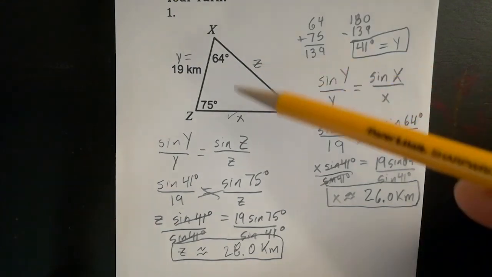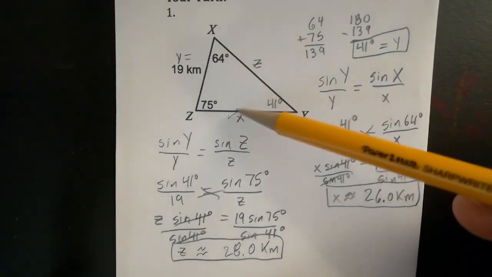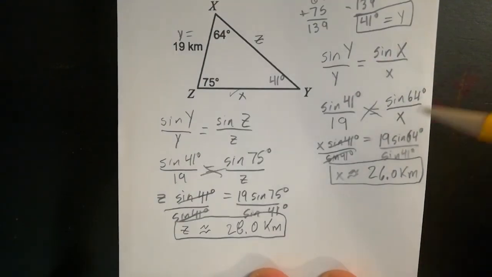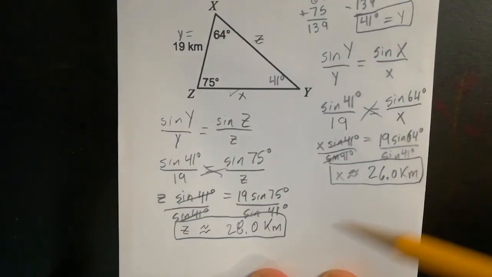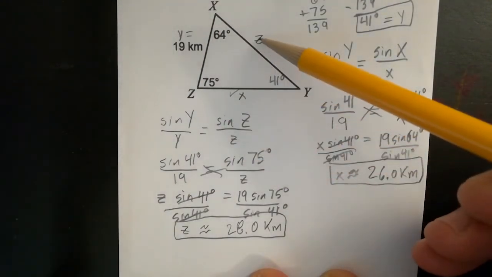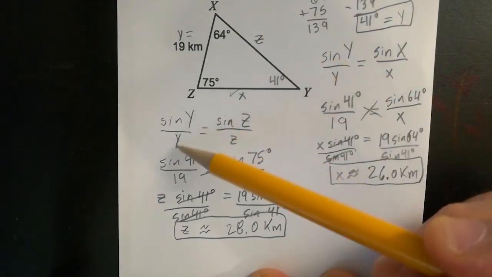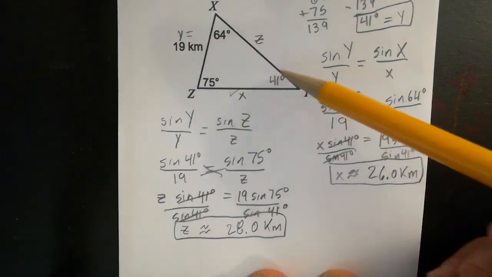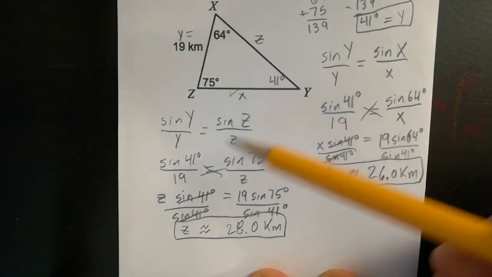And then, of course, I wanted to involve x because that's what I was looking for. And so I used this setup, plugged in what I knew, solved for x, and then I just needed side z. I went ahead and stuck with angle y and side y since I knew those exactly.